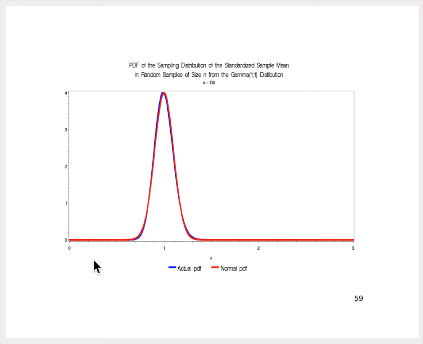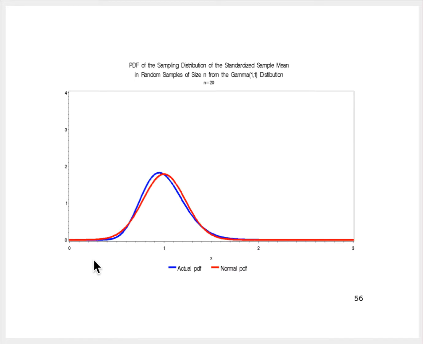By the time you get to a sample of size 100, you really can't tell the difference. Even for samples of size 30, there's very good agreement between the two PDFs. And I would go so far as to say that even for samples of size 20, the agreement's okay.